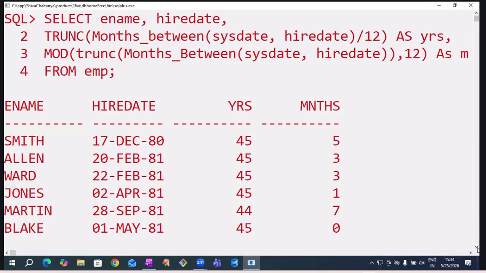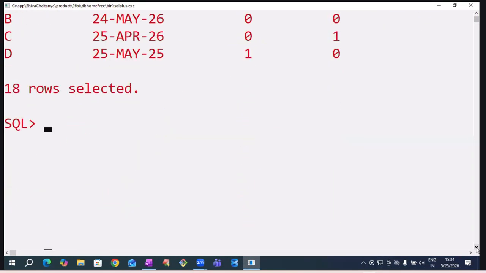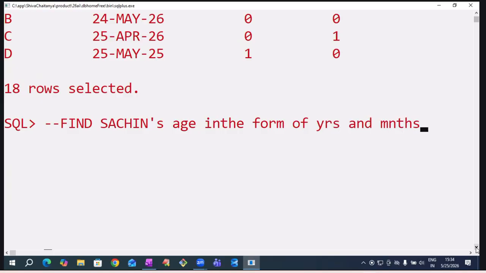Suppose they give some celebrity's date of birth. Find Sachin's age in the form of years and months.